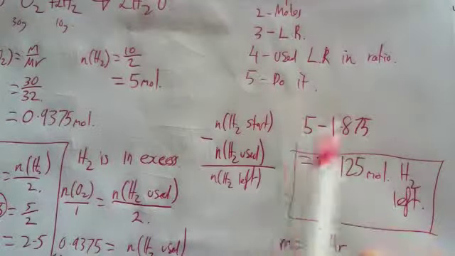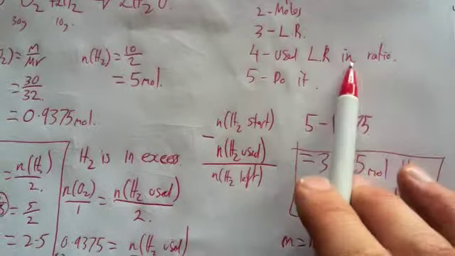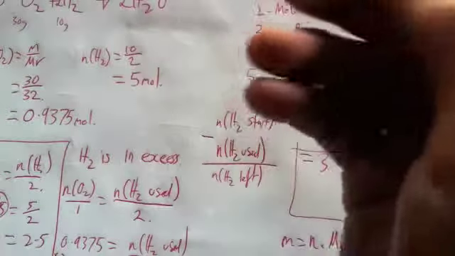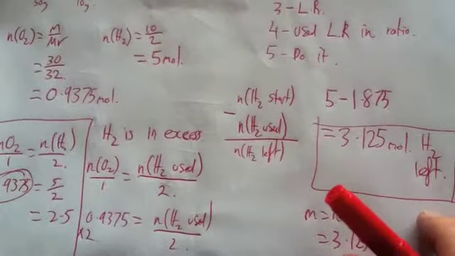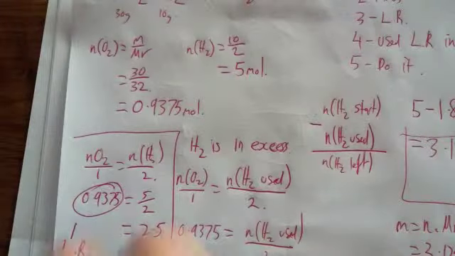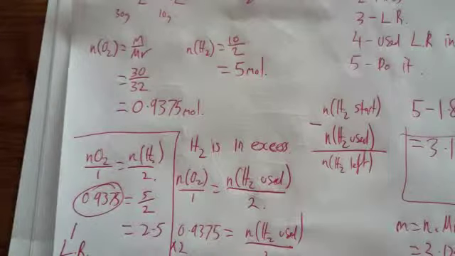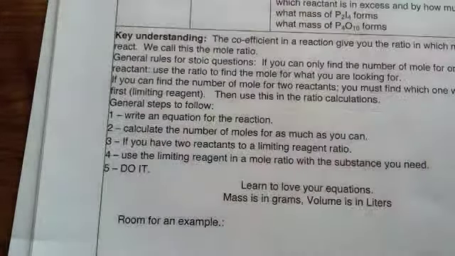To do that, we had to find out how much was used by doing a ratio. If you don't understand this, go back and follow it again. Look at what I've written down. It's a relatively large question, but broken down into sections and writing down what you're actually finding out will help you a lot.